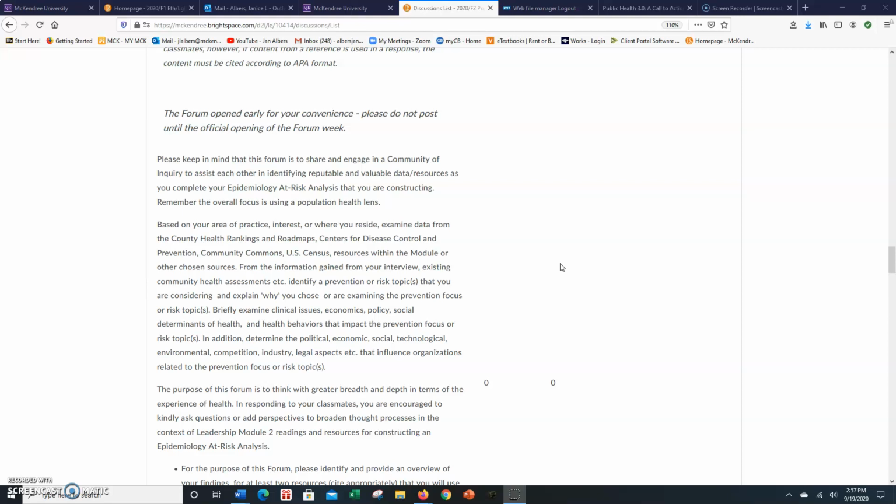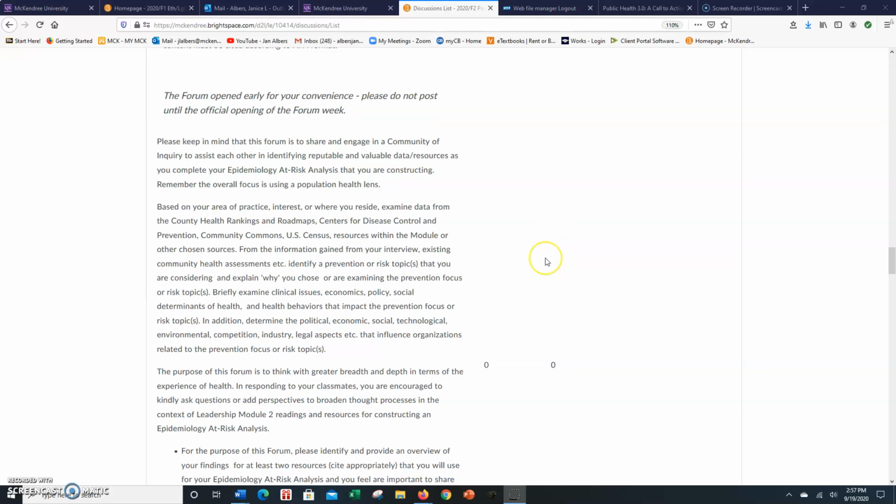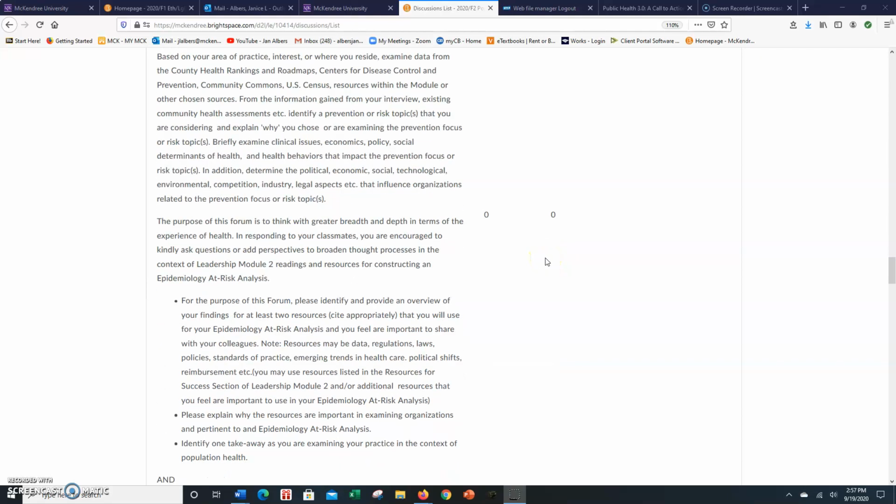The other thing is your strategic plan may play into, and will likely play into, where you're examining your area of focus for the epidemiological risk assessment. And the risk assessment serves as the foundation for your final assignment. You're going to be building on your findings of that risk analysis. So what we're doing is we're bringing in some of the information.